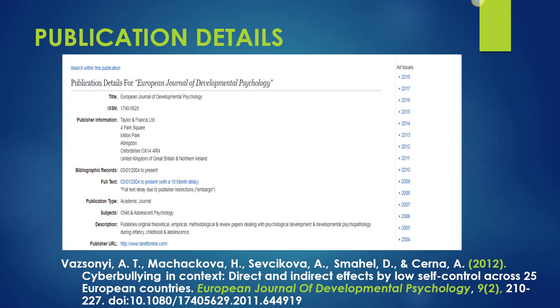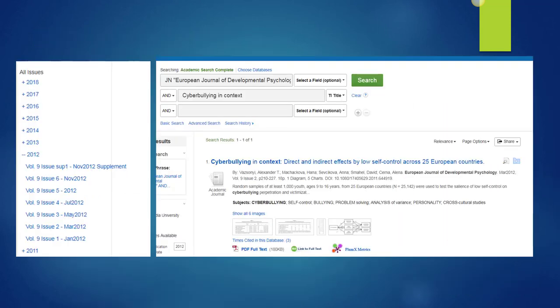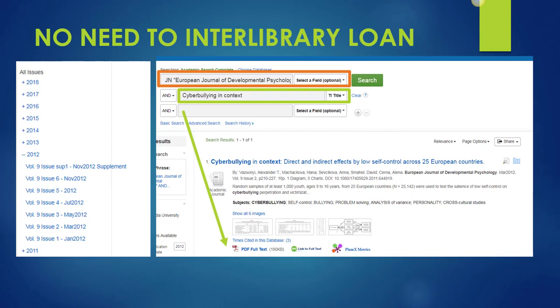We can use our citation information to link to the volume and issue number we want. Follow the volume and issue link directly to the journal within the database. Scroll to find your article or do a title search to narrow and go directly to the PDF of the article. No need to interlibrary loan.